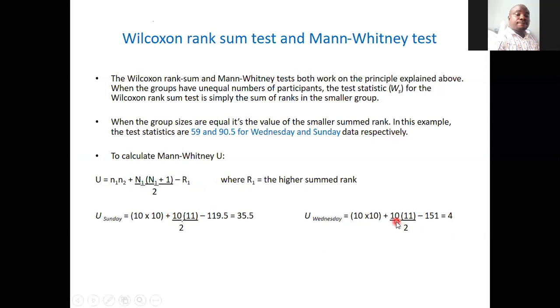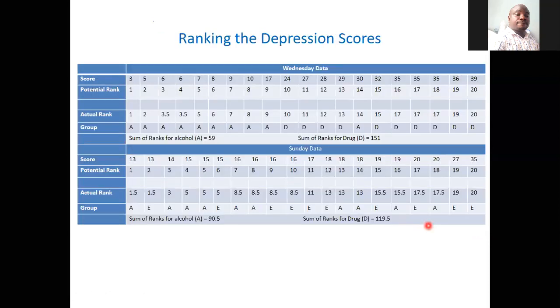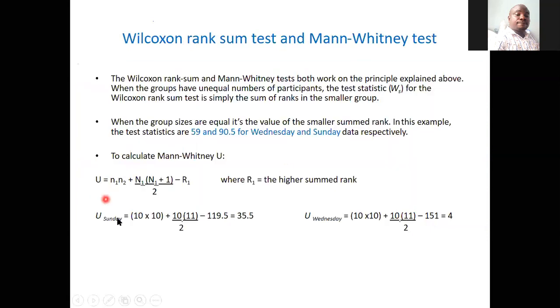Can you see? They use the higher value, while the other one looks at the smaller rank sum. That's Wilcoxon. But with Mann Whitney U, they use the higher value between both of them. For Wednesday, 151 is the higher value, and that's what is used here. For Sunday, the higher value is 119.5. You put that in as R1, the higher value, to calculate the Mann Whitney U. But they are saying the same thing.